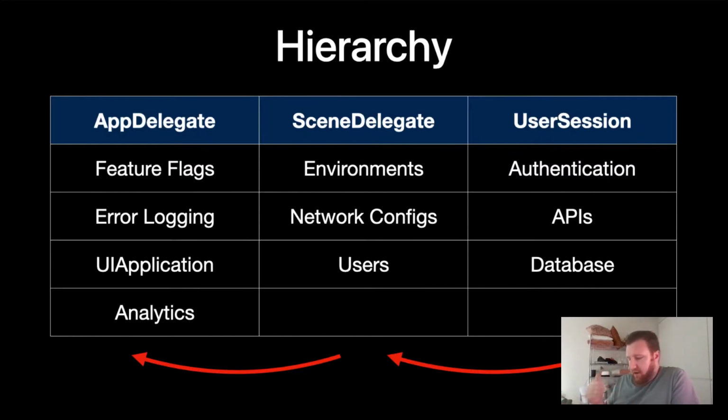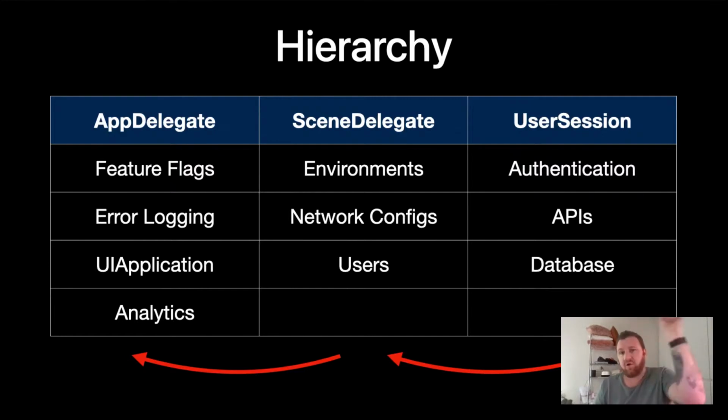And then if you are a good iOS citizen or a good SwiftUI citizen for macOS, you're going to have a scene anyway. And then you would have a second dependency registry at that scene level, which has things that are specific to that scene. And it has a parent relationship back to the one at the app delegate. So if your code is at the scene level, and you needed to access, say, the error logging one, you would just talk to your local dependency registry.